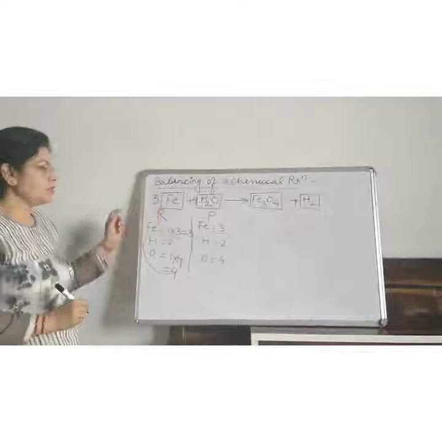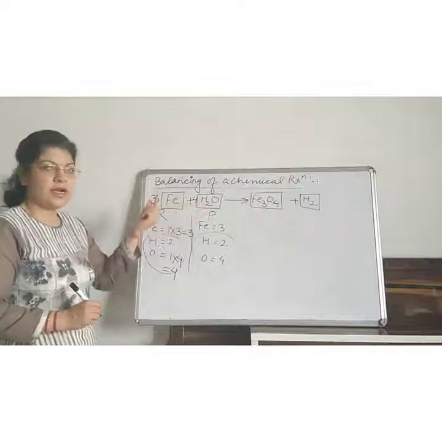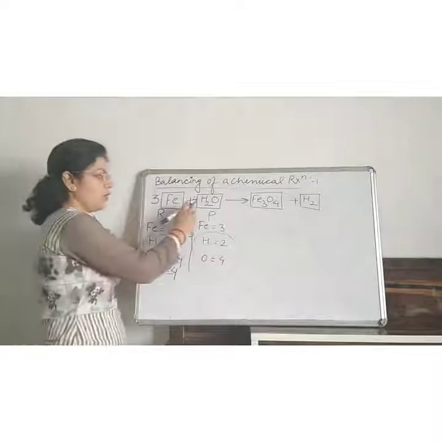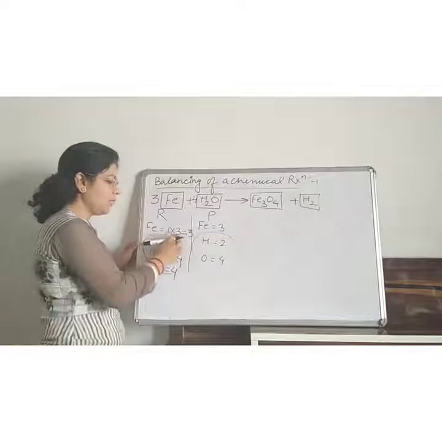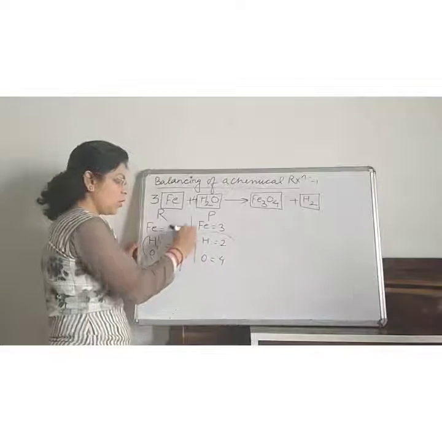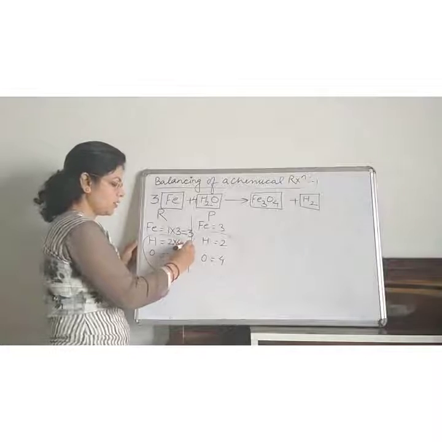By multiplying steam by 4, the number of hydrogen atoms also changes. The number of hydrogen atoms on the reactant side becomes 2 into 4, that is 8.